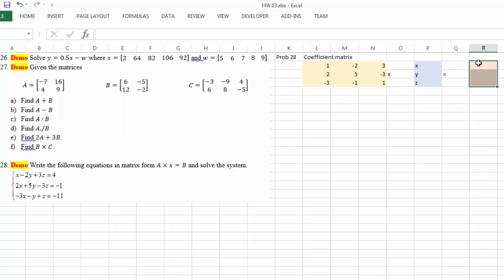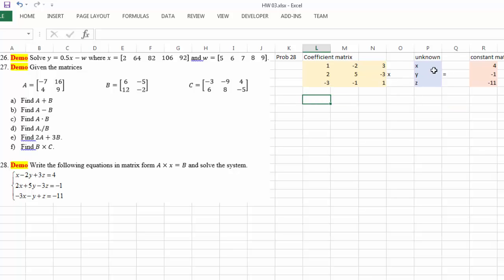In this case, the constants on the right hand side of the equations 4, -1, -11. So this is the unknown matrix, and this is the constant matrix. Okay, so this is the matrix multiplication form of our original system of 3 linear equations.